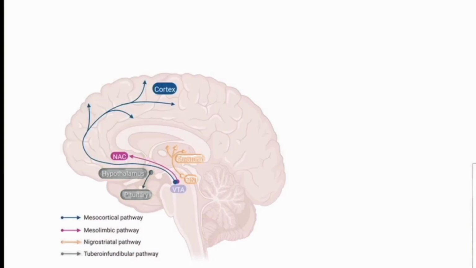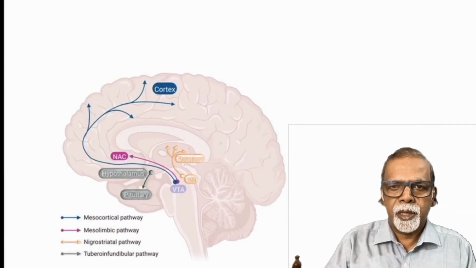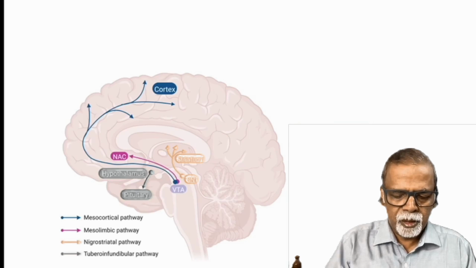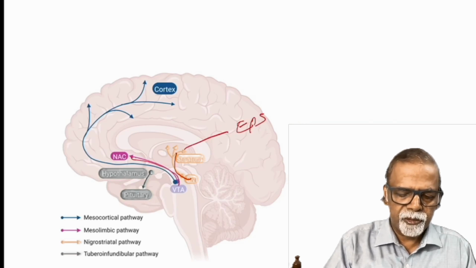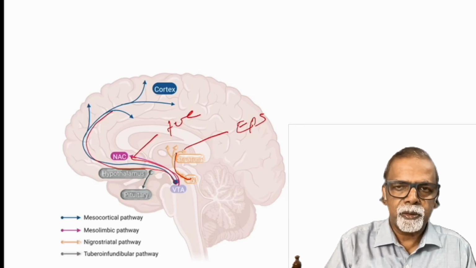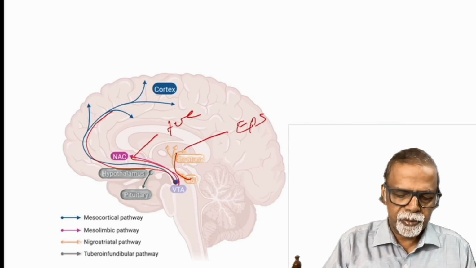Atypical antipsychotics are notorious for producing weight gain. This we have discussed earlier. Just a recap of the various pathways: the nigrostriatal pathway is concerned with extrapyramidal features, the mesolimbic pathway with the positive symptoms, and defective or decreased action of the mesocortical pathway leads to the negative symptoms.